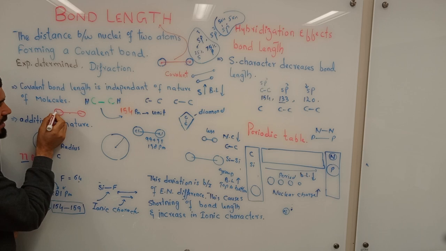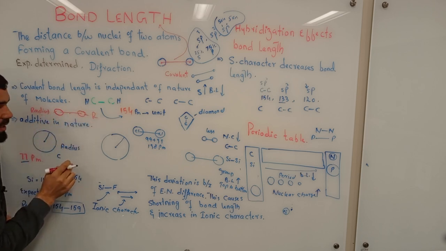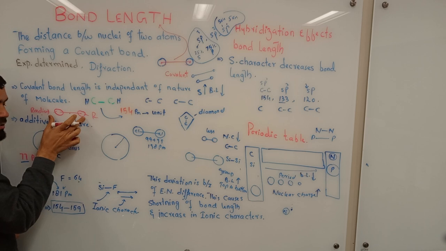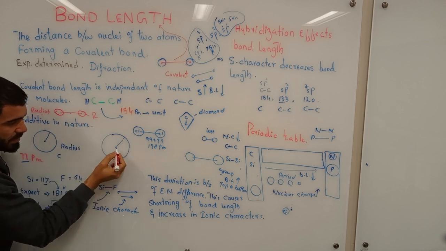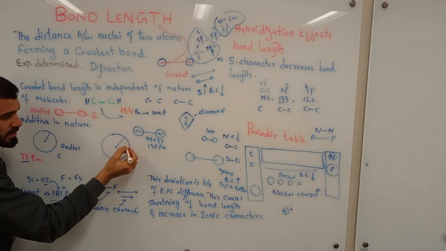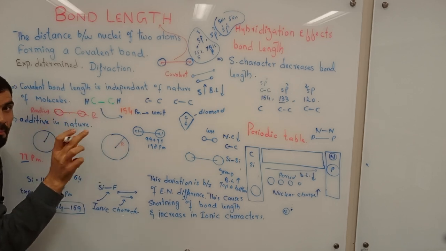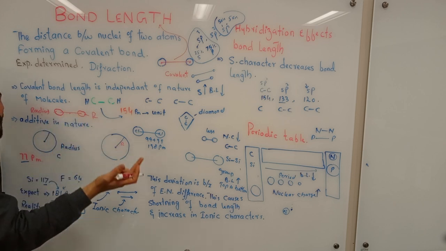You find the radius of this atom and the radius of this atom. Do you know what radius is? In an atom, from the center to the outermost shell, this distance is called the radius r. So every atom has a radius. You just add the two radii and this will give you the bond length.